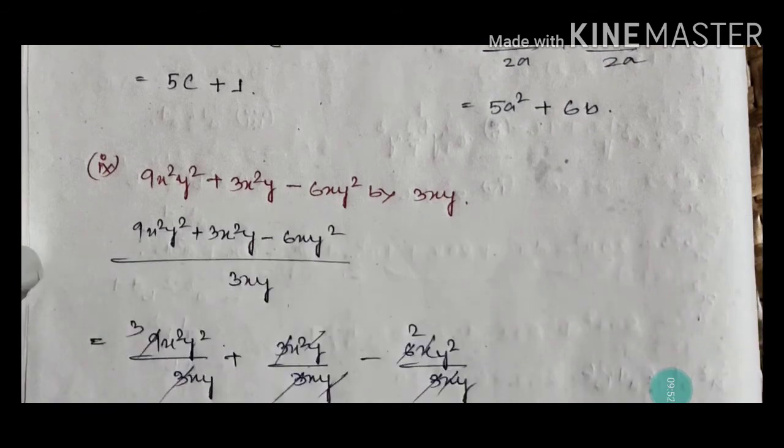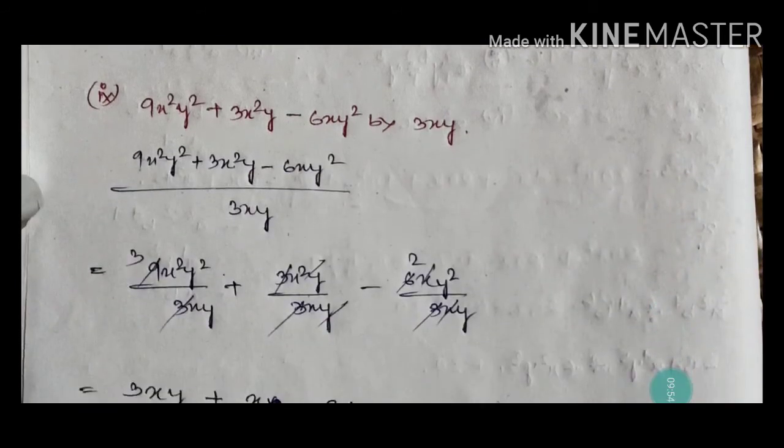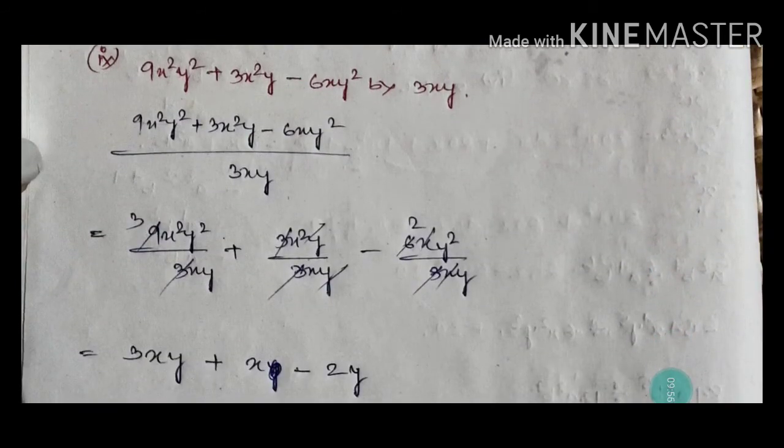See the question number 9. Number 9 is also easy. Whatever is given in the numerator, we will not check anything, but the main thing is that you have to check the denominator, that means the divisor, what you are dividing with. If it is monomial, then simply you split the numerator with the denominator, then simplify.